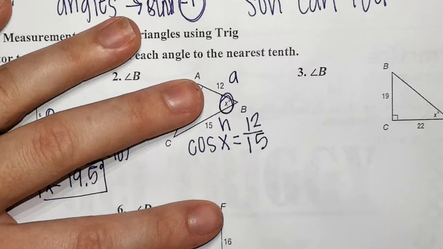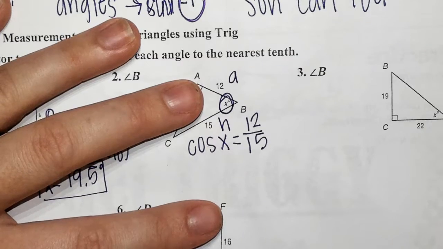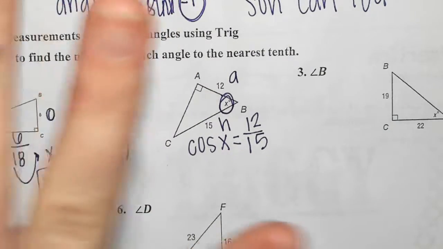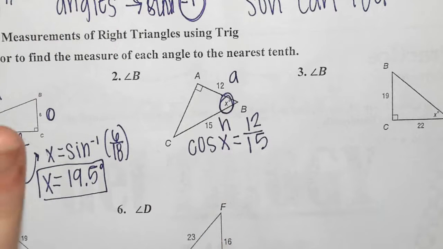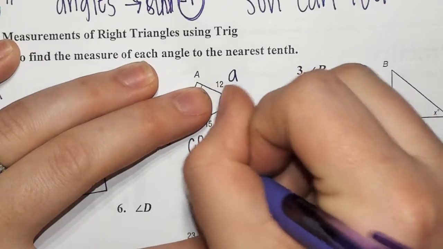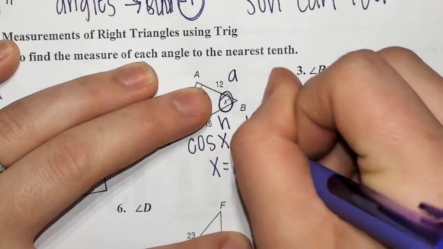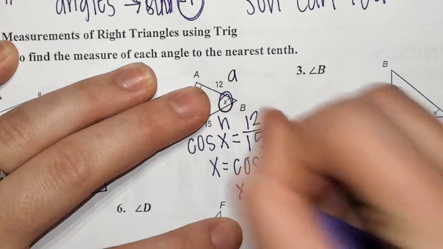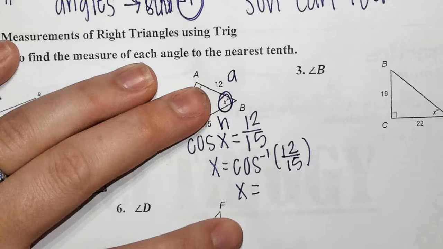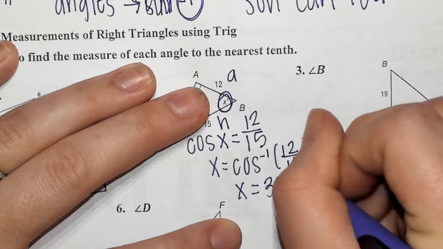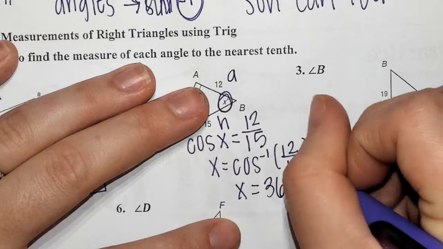What's my next step? Take the inverse. So x is equal to cosine inverse of 12 divided by 15. So x is equal to 36.9 degrees.